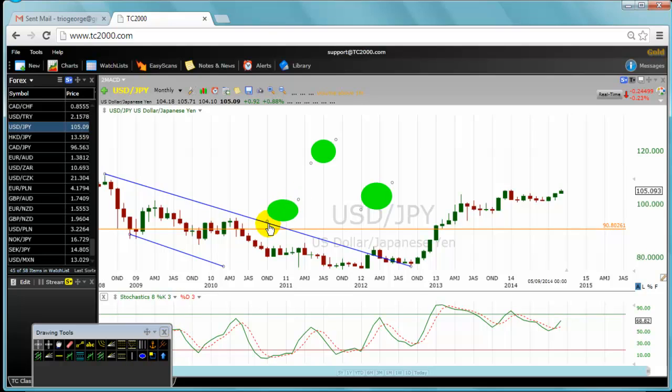So when the trouble started here, and the Federal Reserve and the Bank of England were busy devaluing their currency, the money flow should have gone into the yen. That's the best place. All money flow should have gone into the yen.